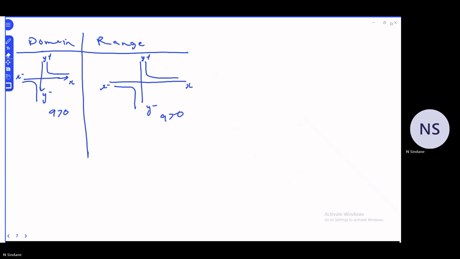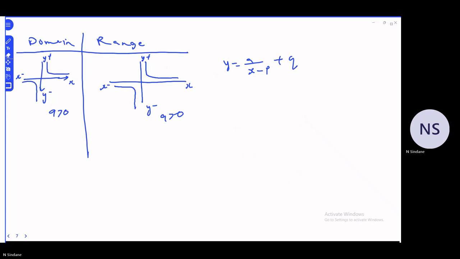So in this type of graph, the domain will start from, you can say x. Remember the equation is y equals a over x minus p, plus q. Remember, the asymptote is the line that my graph will never touch.